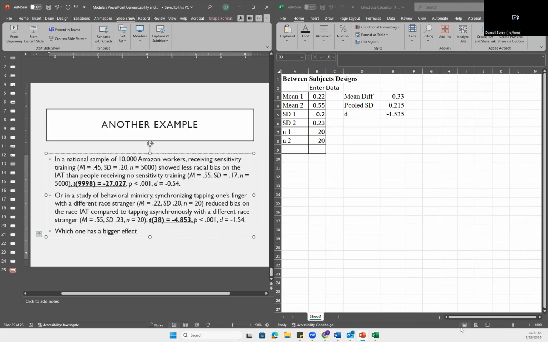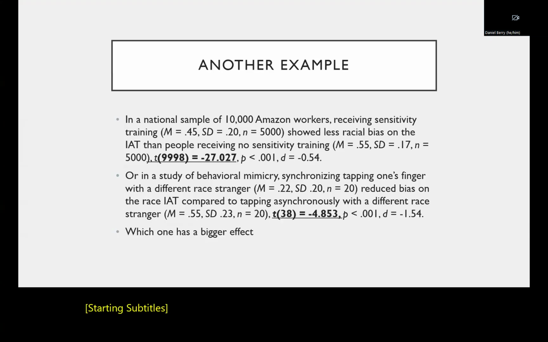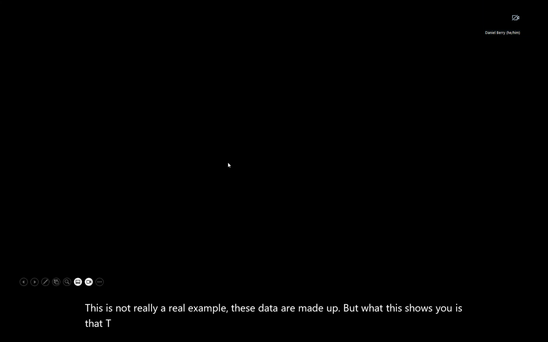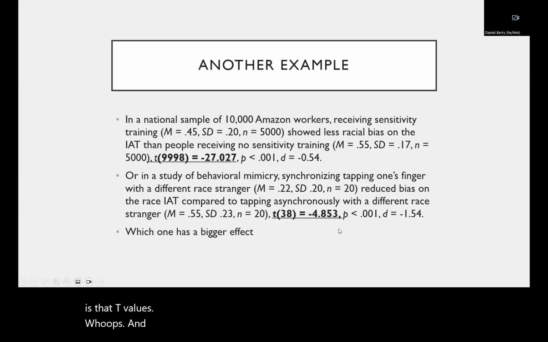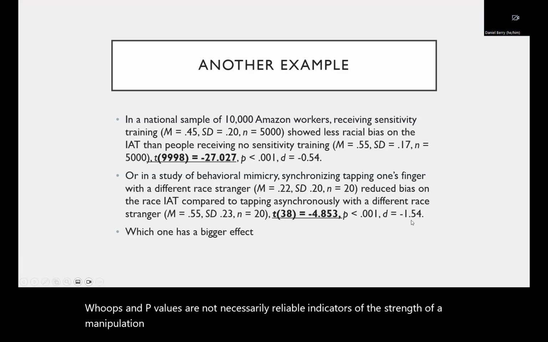I'm just making this up as I go. This is not really a real example. These data are made up. But what this shows you is that t-values and p-values are not necessarily reliable indicators of the strength of a manipulation. Instead, Cohen's d is a much more reliable indicator of that strength.